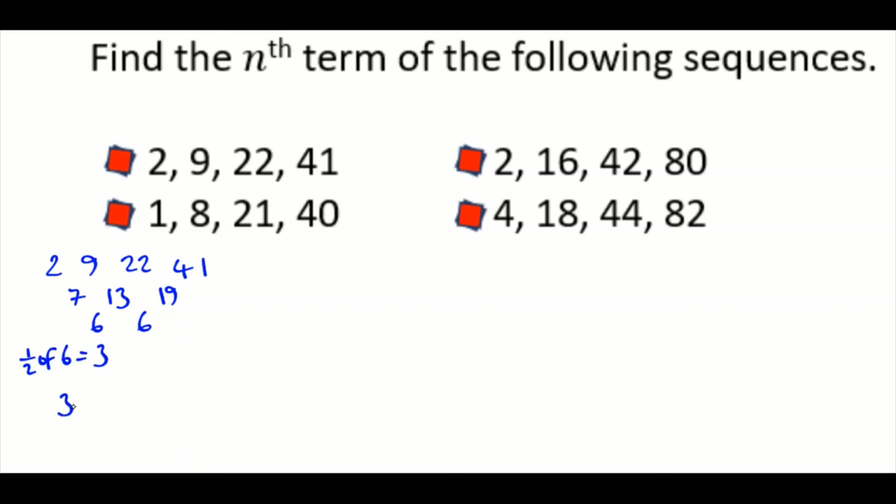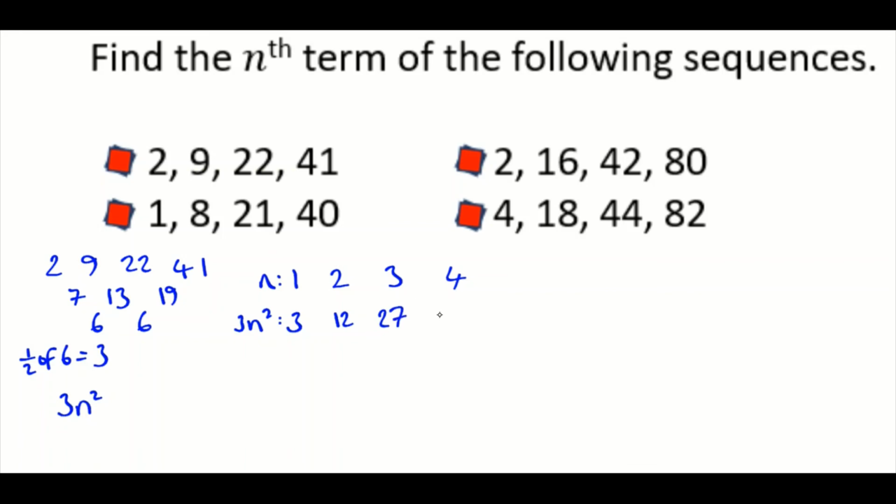So we know it's going to start with 3n squared. Well, let's look at n first, that's easier. So we've got 1, 2, 3, 4. 3n squared: 1 squared is 1 times 3 is 3. 2 squared is 4 times 3 is 12. 3 squared is 9 times 3 is 27.